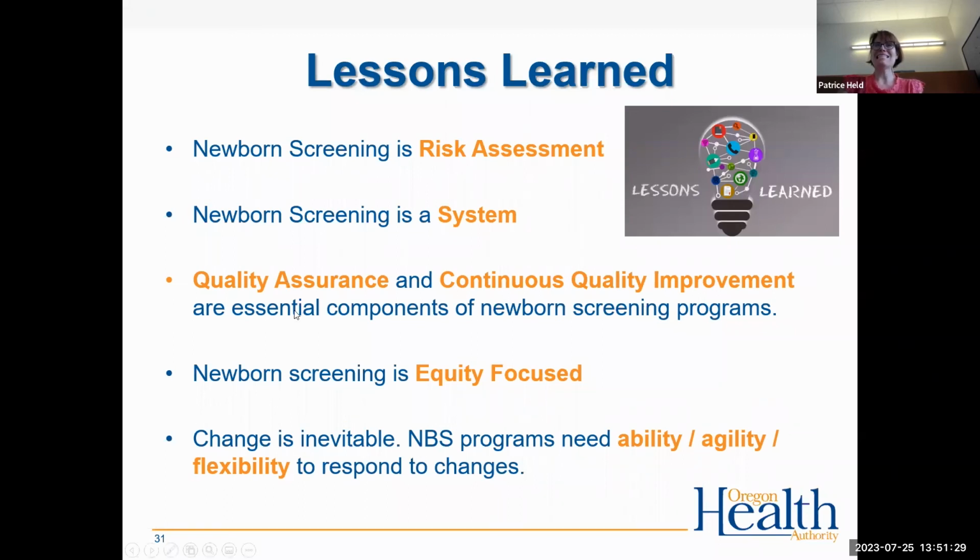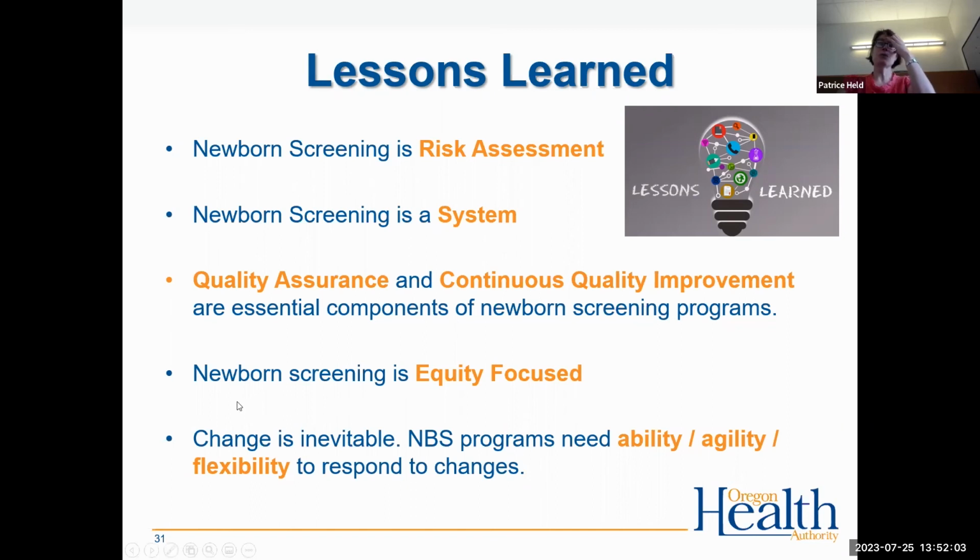Another lesson learned is that quality assurance is absolutely necessary, and continuous quality improvement will always be occurring. We are always looking for ways to improve our newborn screening program, whether that is through metrics that monitor each step of the process, or whether it's looking at different types of testing or different staged approaches to testing in order to improve the test performance.